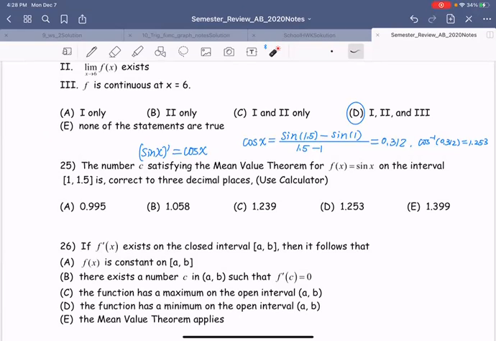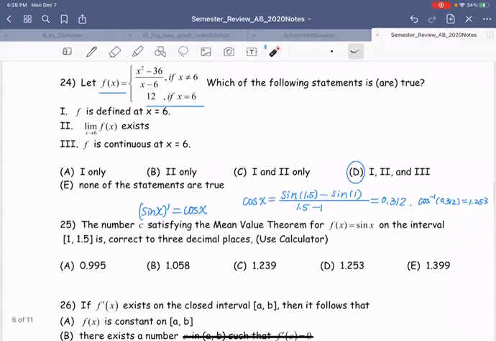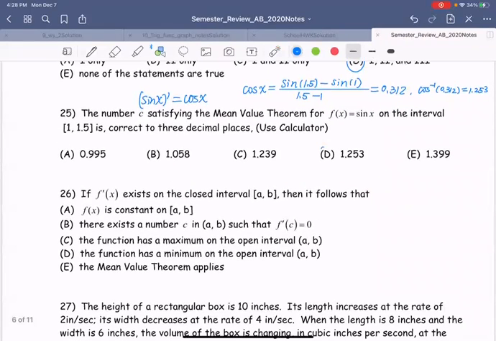I got 1.253. That makes sense? Totally makes sense, right?